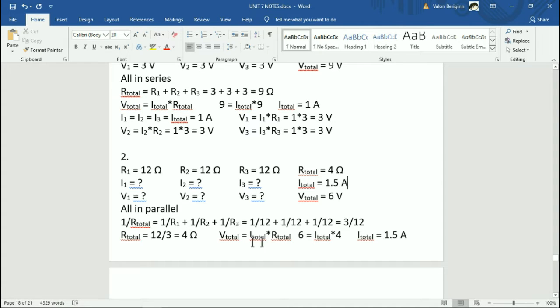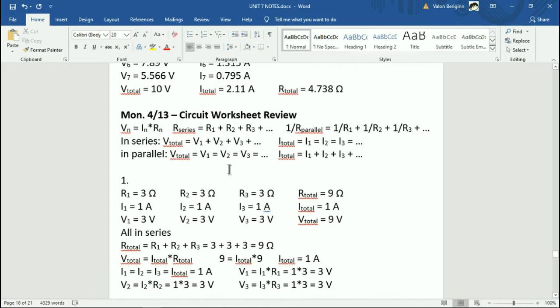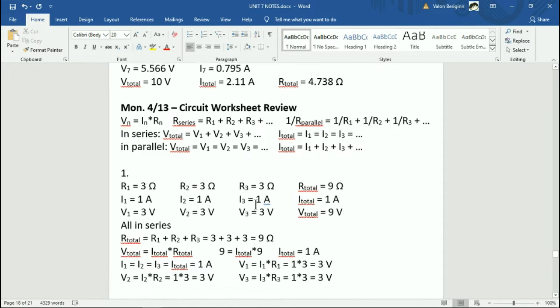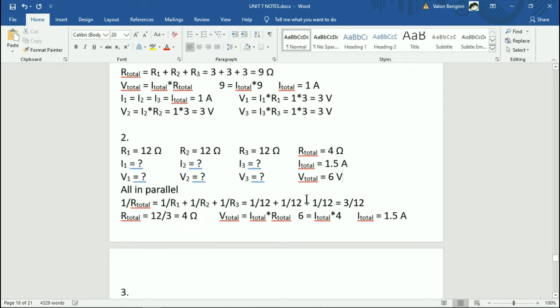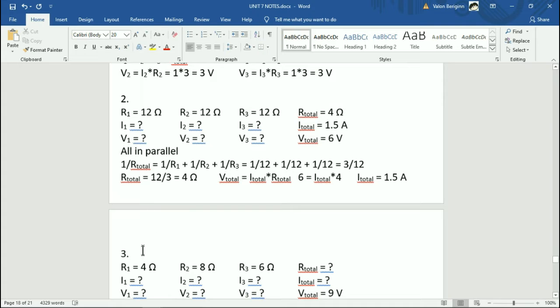Okay, so now these are all in parallel, and when they're in parallel, the V's are all equal. So V total equals V1 equals V2 equals V3. So those all equal 6V.